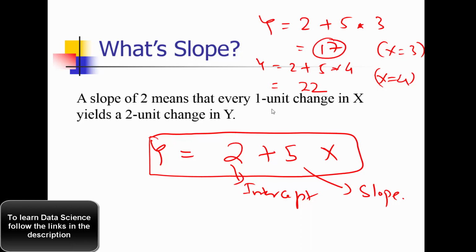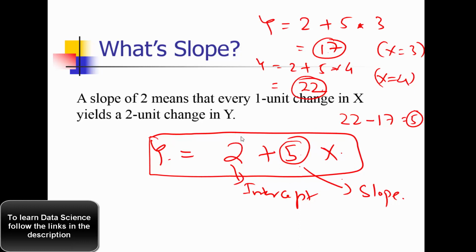So when x equals 3, y is 17, and when x equals 4, y is 22. The difference in the value of y is 22 minus 17, which is 5. So the slope coefficient is nothing but the change in y when x changes by 1 unit. That's how we define it.